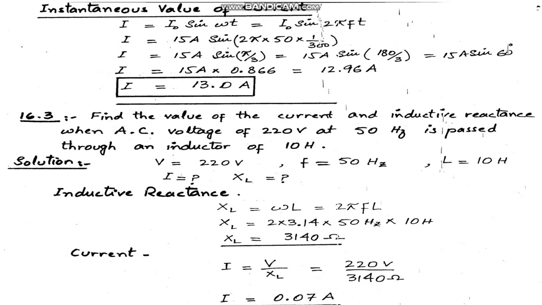So I is equal to 15 ampere, because the I naught value is given in the question, sine 2 pi f, that is frequency, that is also given in the question, and time is also given in the question. So after multiplying and simplifying the value, we get the I value, that is 13.0 ampere.